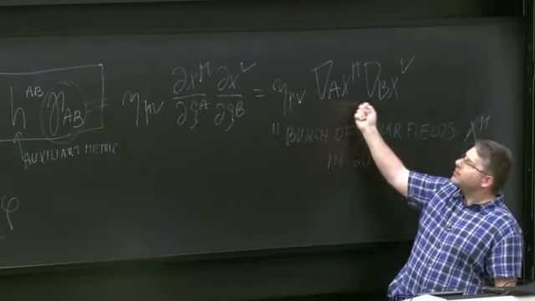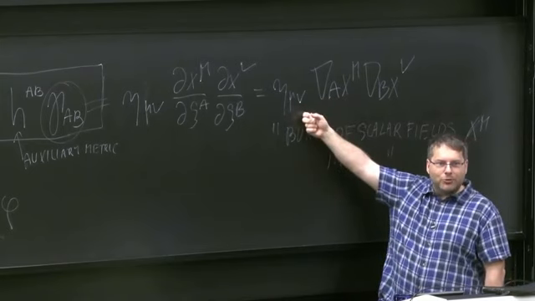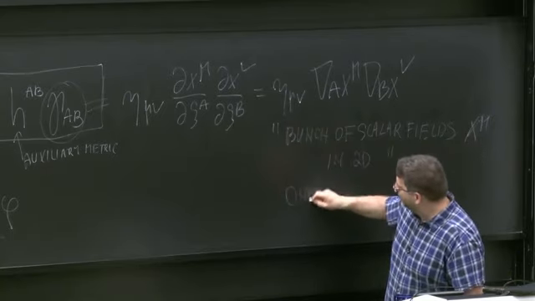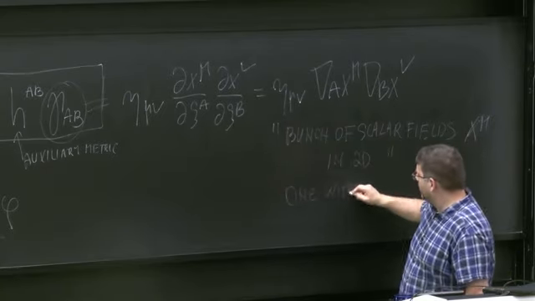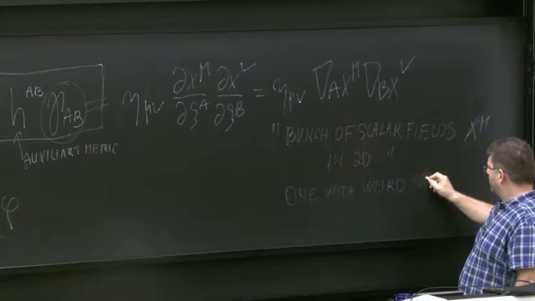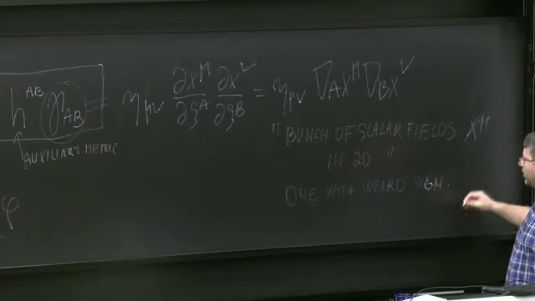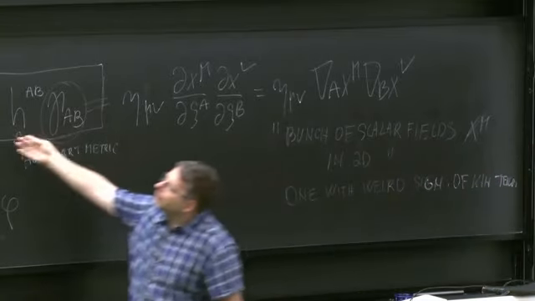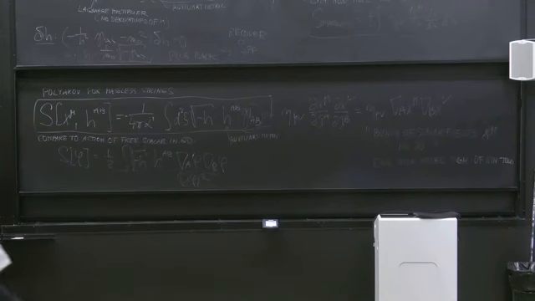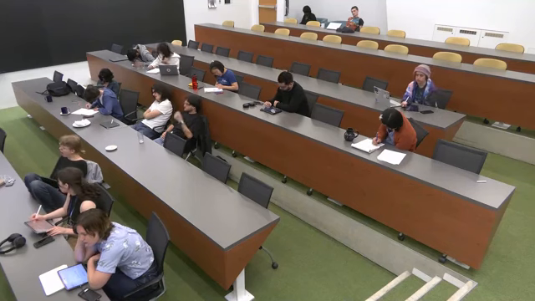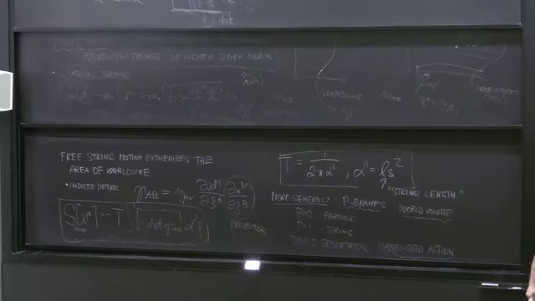All of them come with a plus, but one of them, the zeroth one, comes with a minus. So one with weird signature of the kinetic term. But basically, you can think about this Polyakov action for the string as simply an action for d scalar fields, d free scalar fields. Okay.